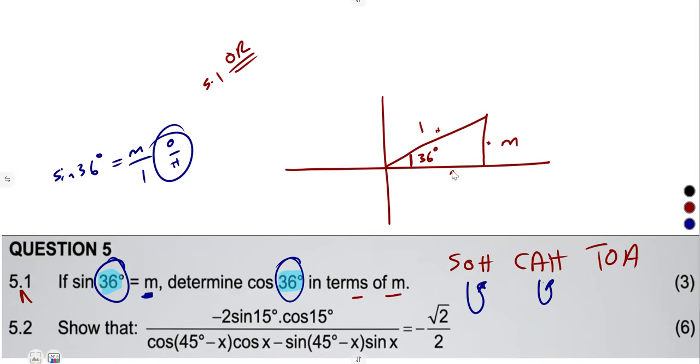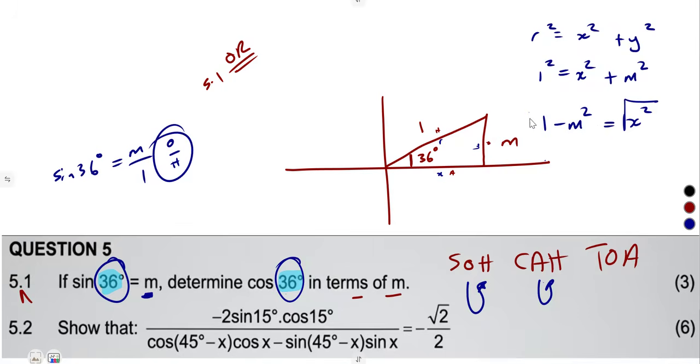From our Pythagoras theorem, we can see that these are the x value, the y value, and that's our r, where r squared equals x squared plus y squared. That's 1 squared equal to x squared plus, given the y value as m, m squared. So we take this to the other side: 1 minus m squared equals x squared.